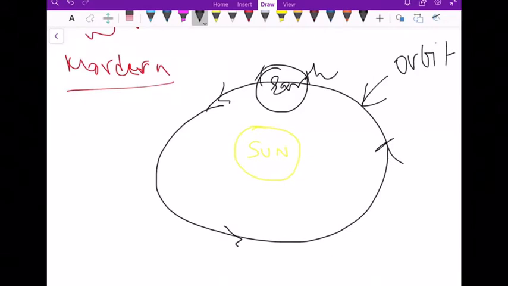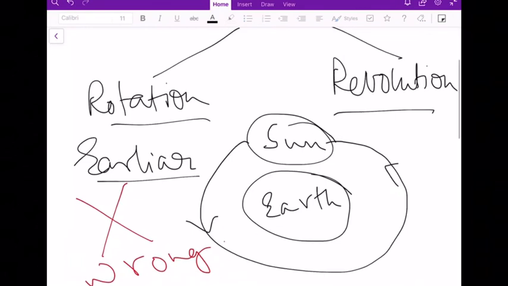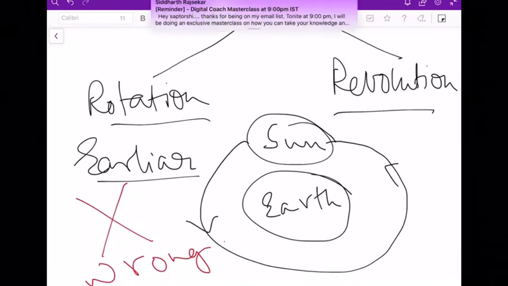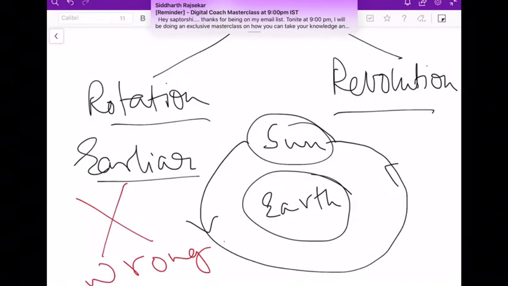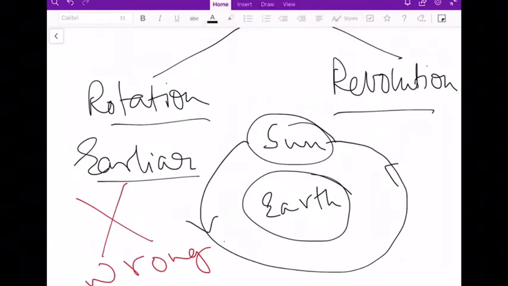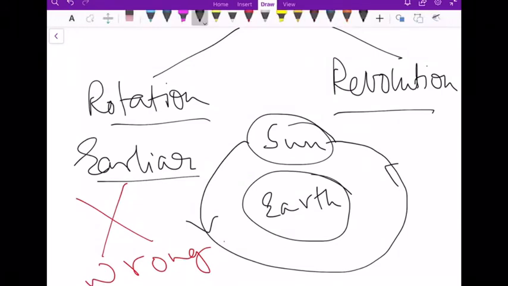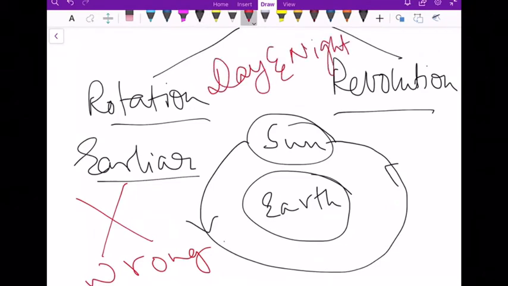Now, there are two types of movements, as I said, the rotation and revolution. Now, students, I am sending you two other videos along with this video. The first video will show you what is rotation of earth and how rotation of earth causes day and night.